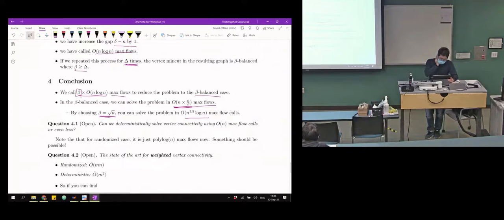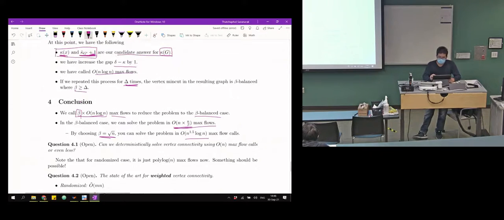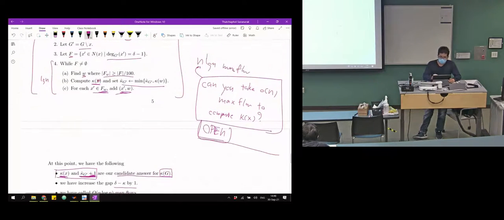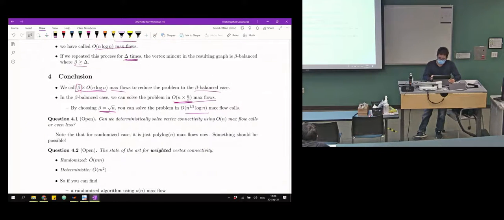And yeah, so it would be very interesting if we can reduce the number of max flow calls. So this is one very concrete thing to think about. Just getting anything actually below n to the 1.5 would be very nice, or getting n would be very good too.